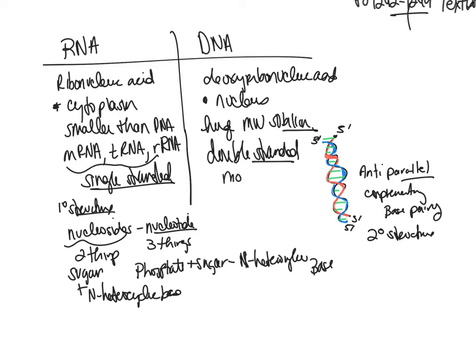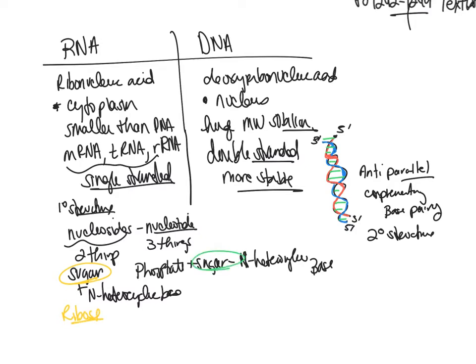DNA is more stable. It's harder to break down and degrade. And the difference here for RNA, you have your sugar, which is going to be a ribose sugar. So we're going to look at what that structure is.